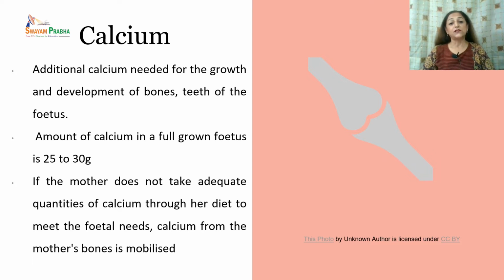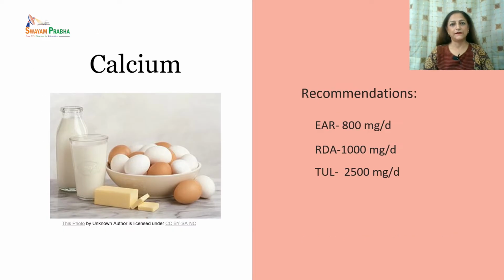If the mother doesn't take an adequate quantity of calcium through her diet to meet the needs of the fetus, calcium from her own bones will be mobilized, which will result in demineralization of maternal bones, leading to easy fractures later in her life.